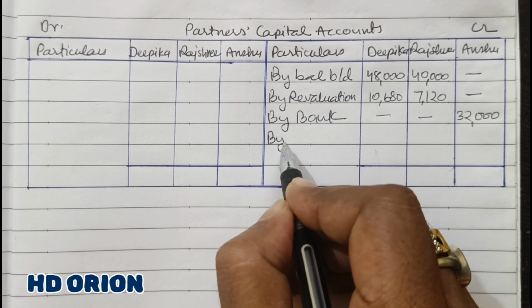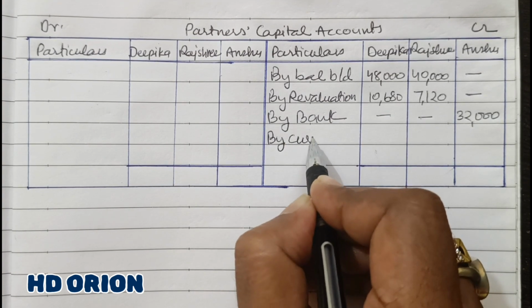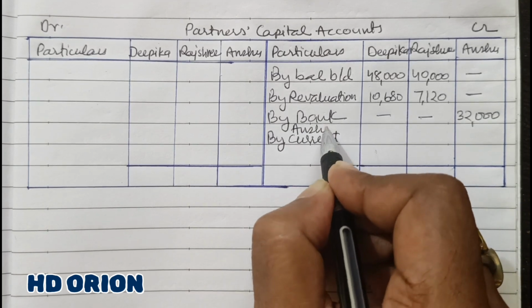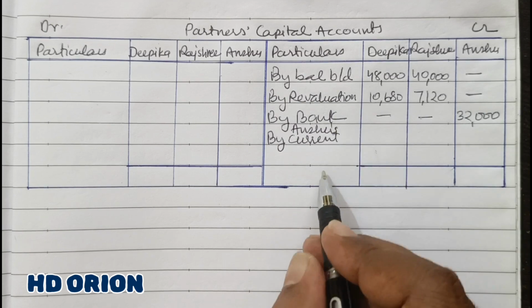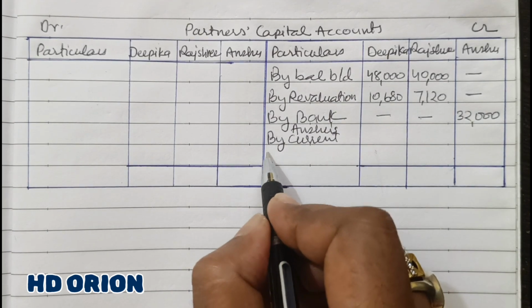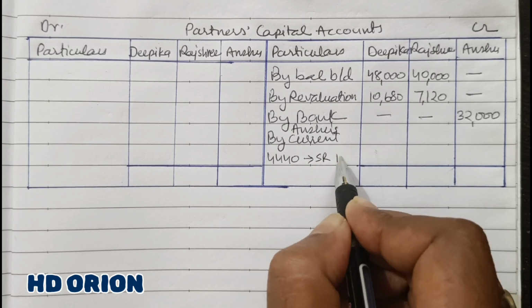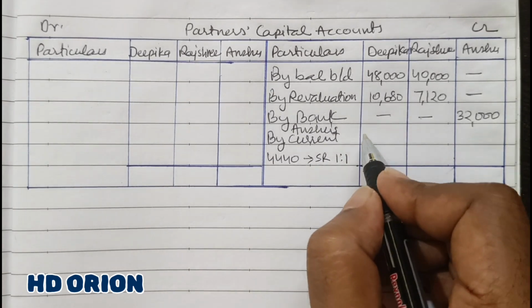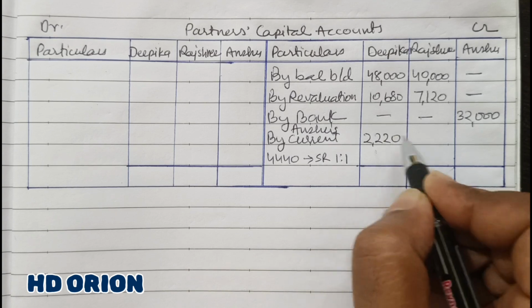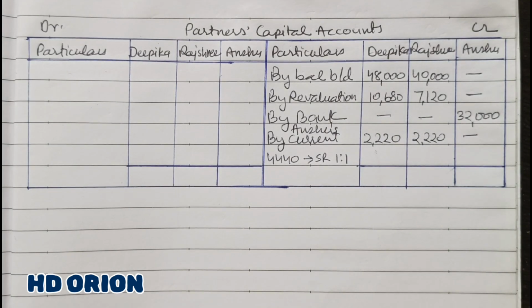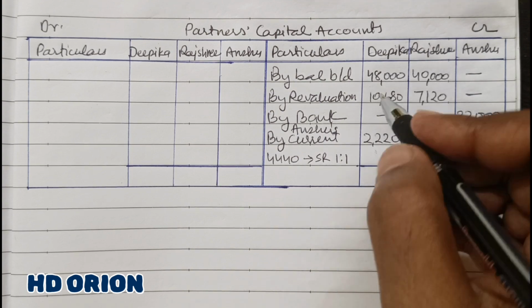So by Anshu's current account, goodwill was of rupees 4,440, in which ratio? Sacrificing ratio, which is 1:1. So 2,220. So that is the treatment of goodwill not brought by the new partner. Now that is all, and now we will close it.